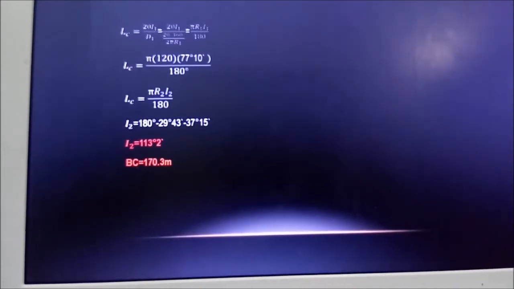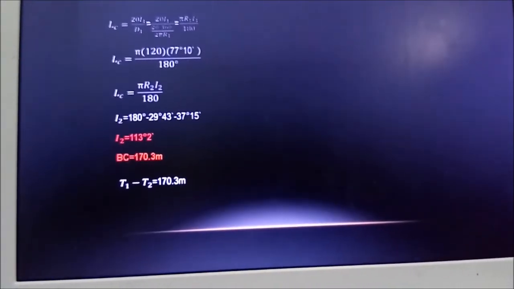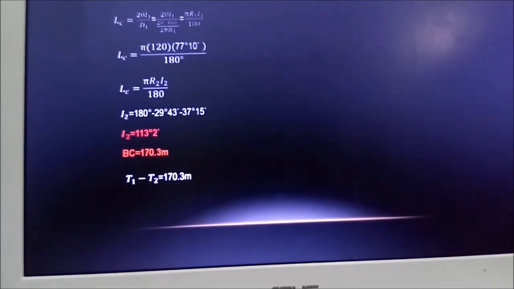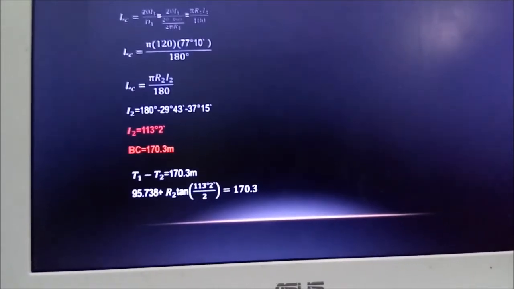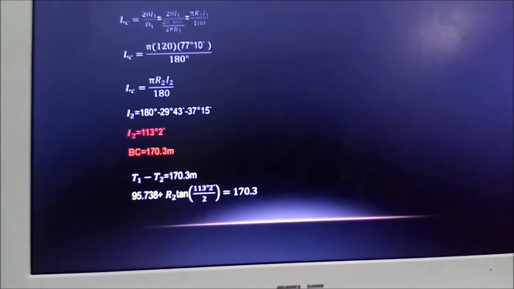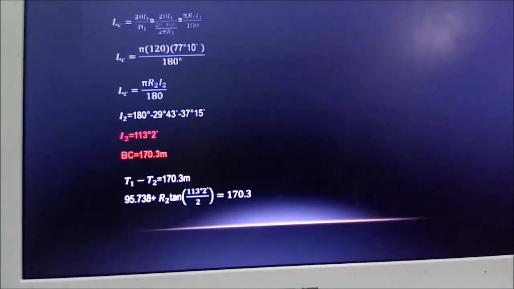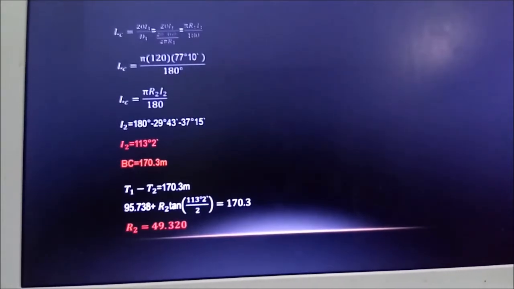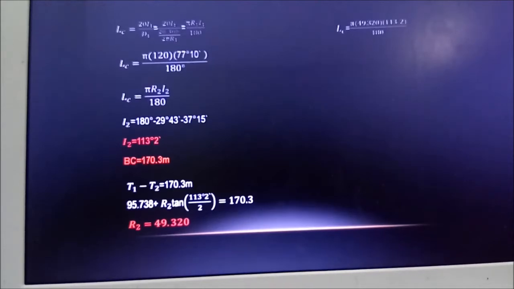And BC is equal to 170.3 meters. T1 plus T2 is equal to 170.3 meters. 95.738 plus R2 tan 113 degrees 2 minutes over 2 is equal to 170.3. So R2 equals 49.320.